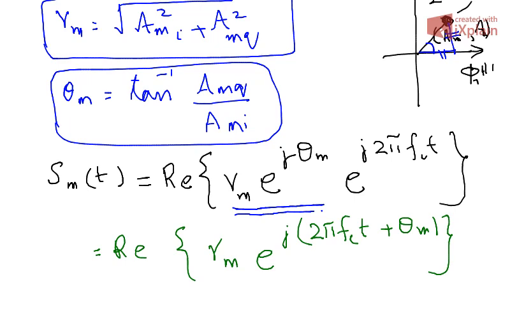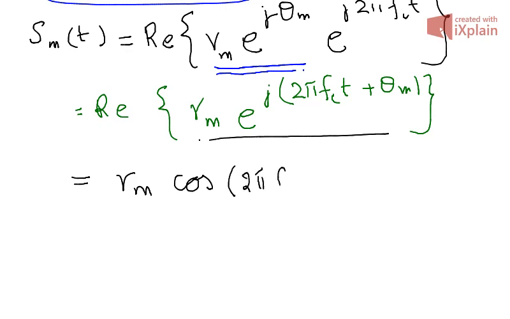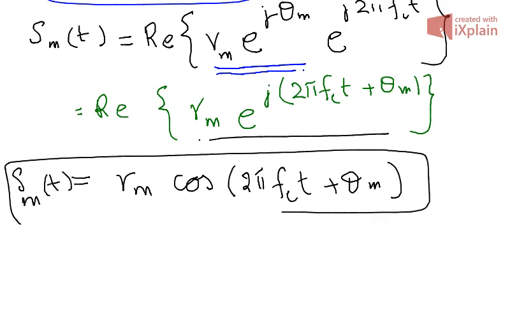We can rewrite it this way, and if I want to find out the real part of this expression, it is nothing but r of m cos of 2 pi f c t plus theta m. So this is the real part of this expression.